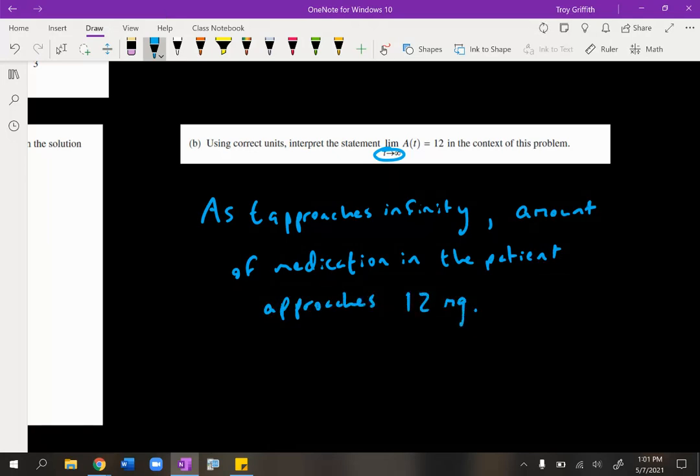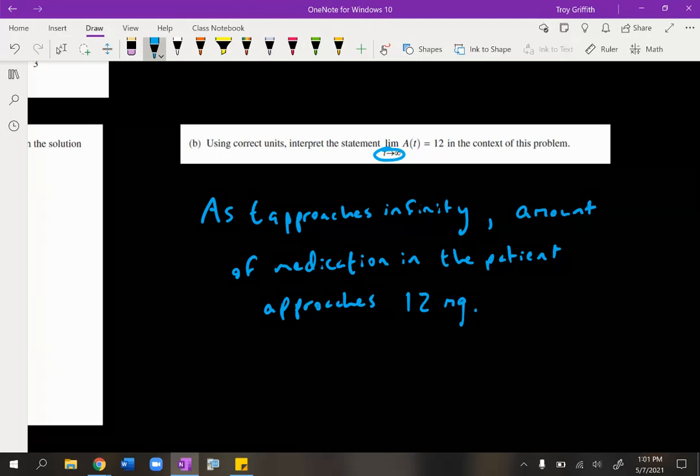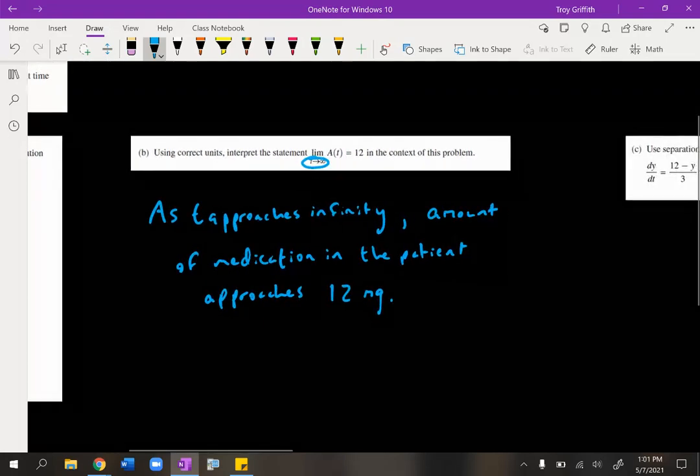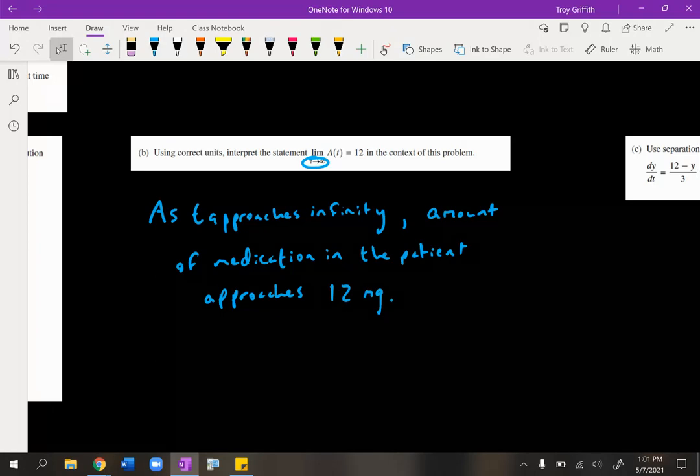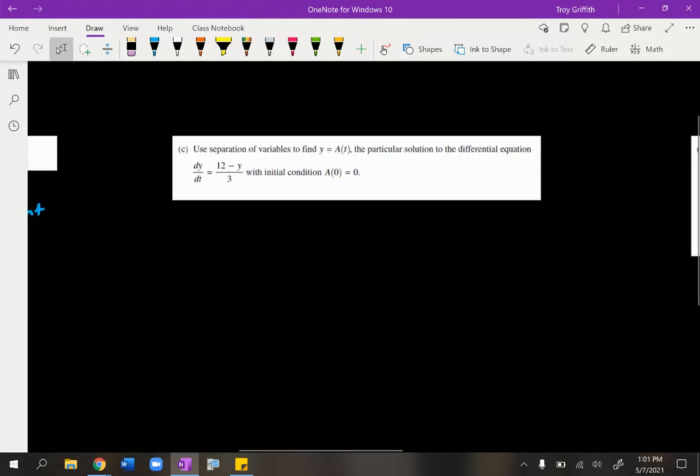It's a little weird because that means that the medication never actually leaves the patient, but AP just likes to ask lots of odd questions like this, and so in the context of this problem, we're just saying that that amount of medication will remain in the patient as t approaches infinity, and that amount is 12 milligrams.